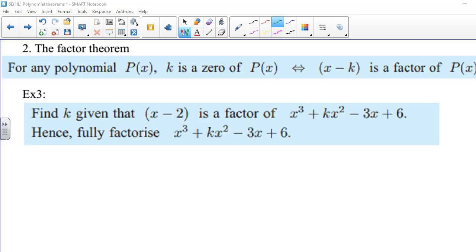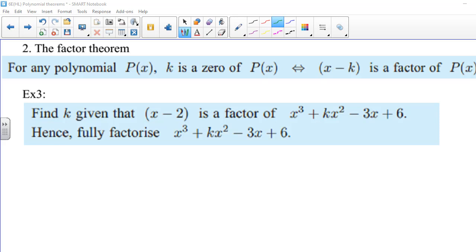This time we need to look at the second polynomial theorem, which is called the factor theorem. What is the factor theorem? Let's look at the definition here. For any polynomial p of x, k is a zero of p of x if and only if x minus k, this divisor, is a factor of p of x.